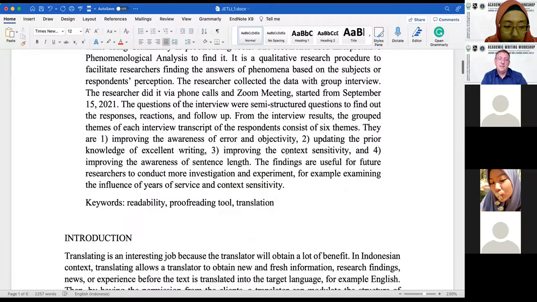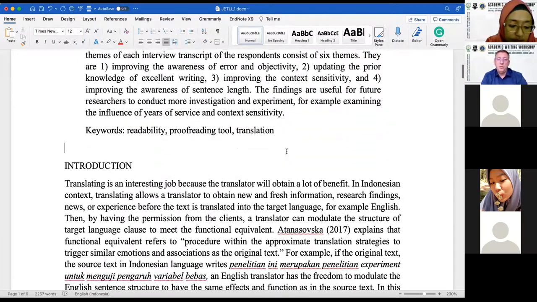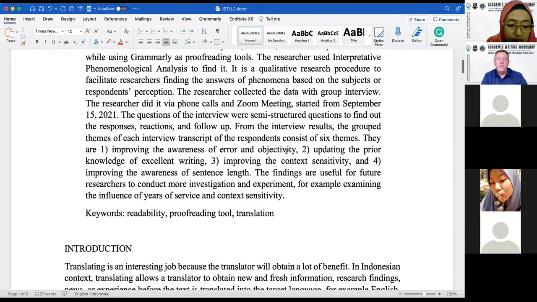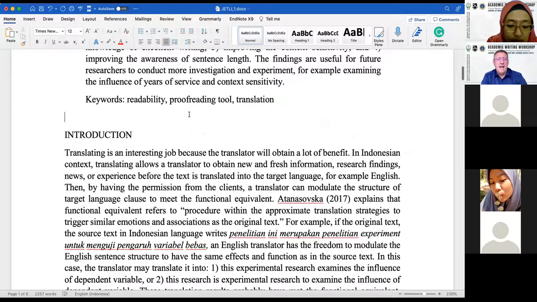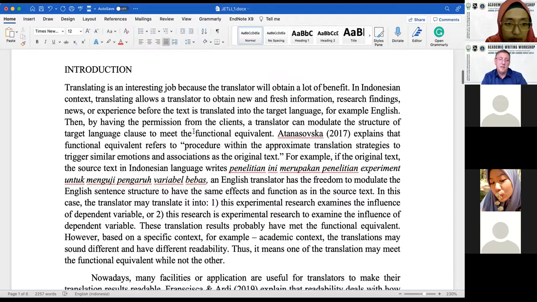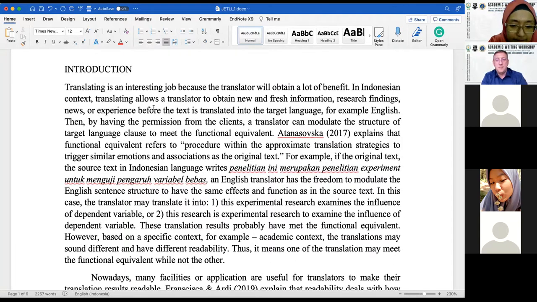Yes, but I'm pretty sure translator or even Grammarly could be added into the keywords. Now, again, once I go through the abstract, I have no idea what this paper is about, to be honest. And it's the same thing.